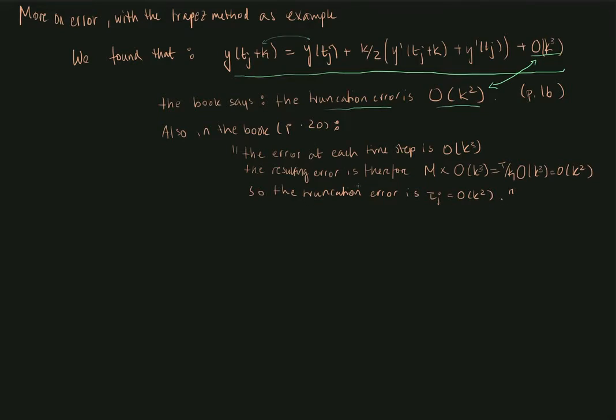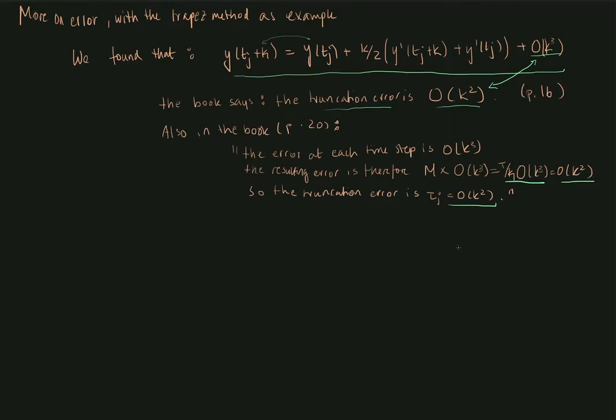And then they say the resulting error is therefore m, which is the number of time steps, multiplied by something that has the same order of magnitude as k to the third, which is to say that the resulting error is t divided by k multiplied by something that's big O of k to the third, and so it is big O of k to the second. And consequently, the truncation error tau j has the same order of magnitude as k squared.